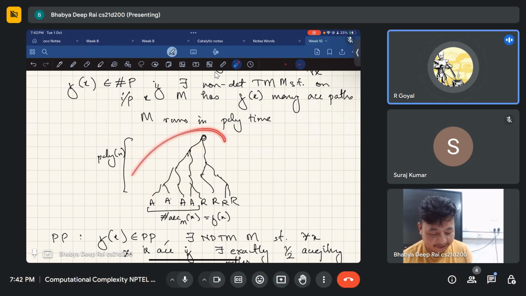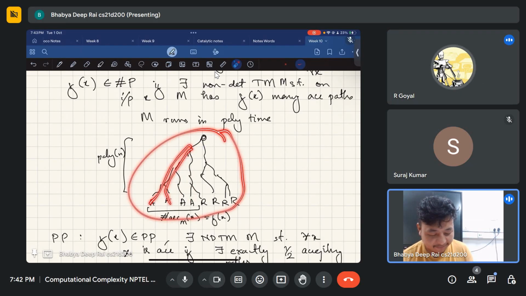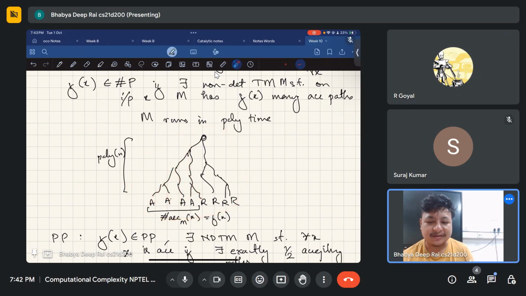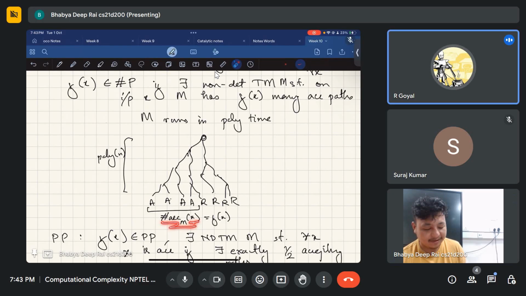When you run it non-deterministically, the number of accepting paths is f of x. The accepting paths of M on input x are represented by #accept_M(x). Got it? Yes.